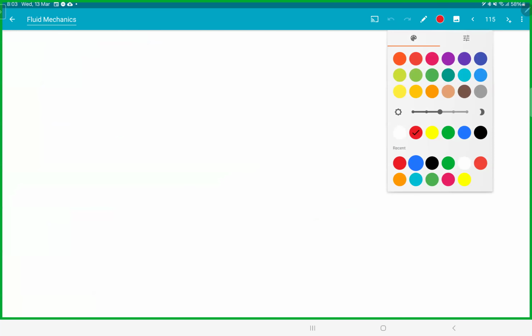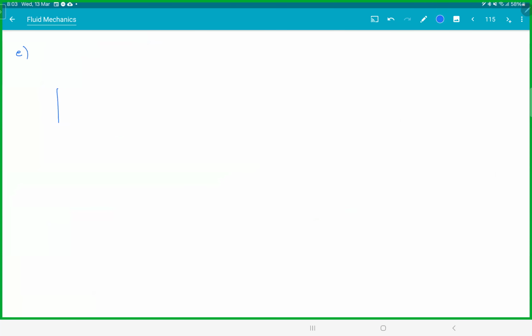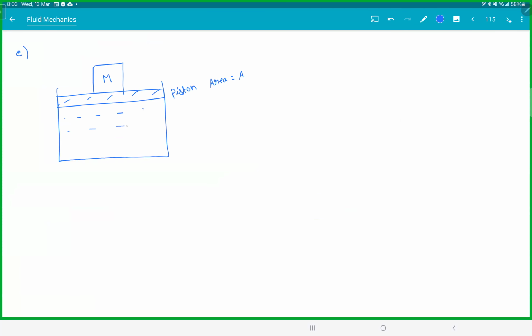One more case. Suppose you have a container, and this time you have a piston, and on top of it you kept a block of mass m, filled with liquid of height h and density rho. And let's say you made a small hole here. Now what will be the velocity of efflux?